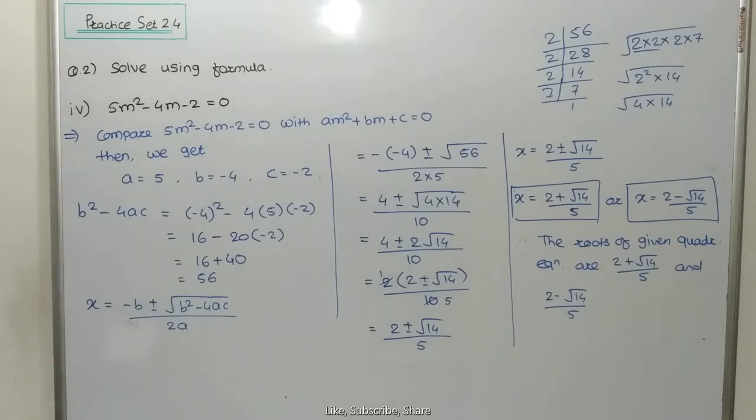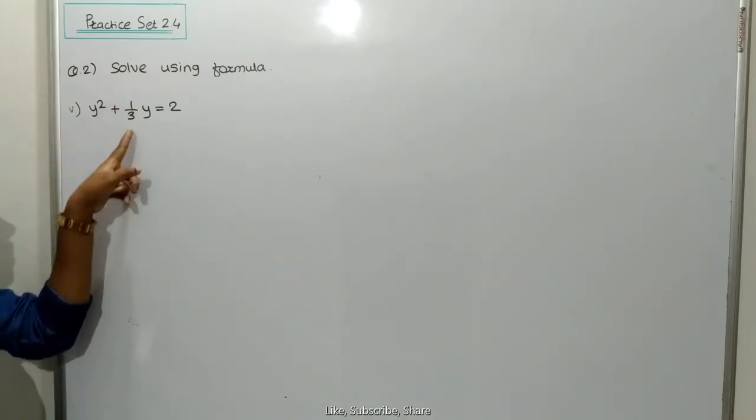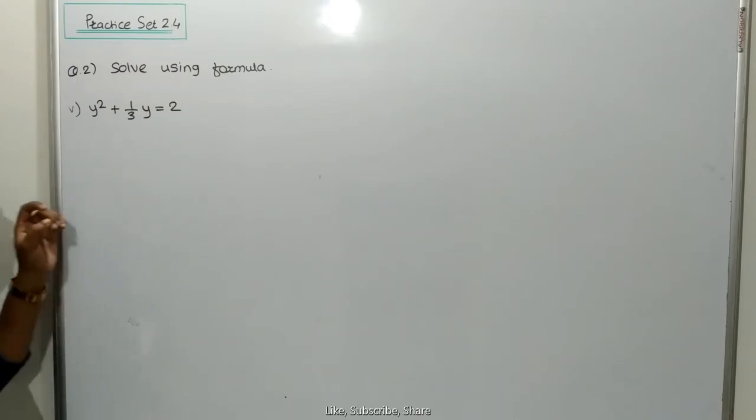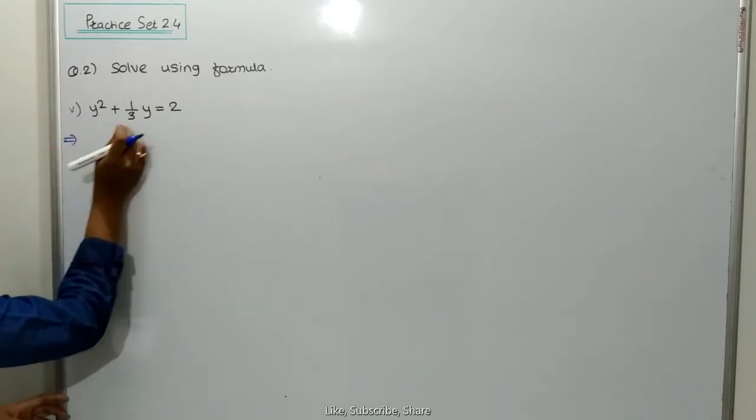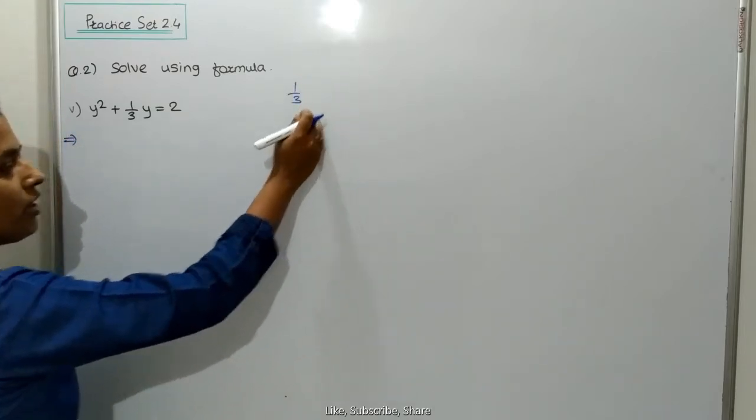Now next question, that is question number 5. Okay. So we have to solve your next question, that is y square plus 1 upon 3y is equal to 2. So for solving such an equation, what is the value of b? That is 1 upon 3. That means it is in the rational form.